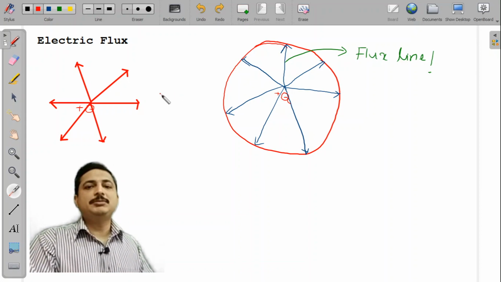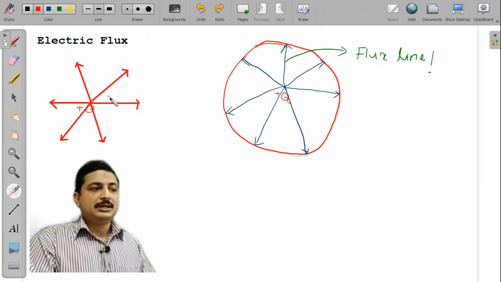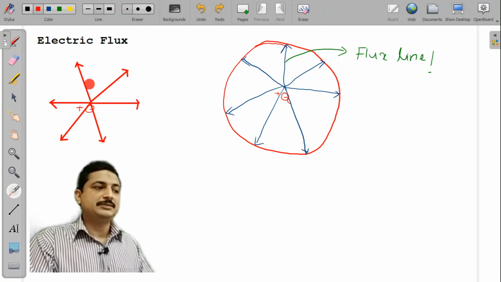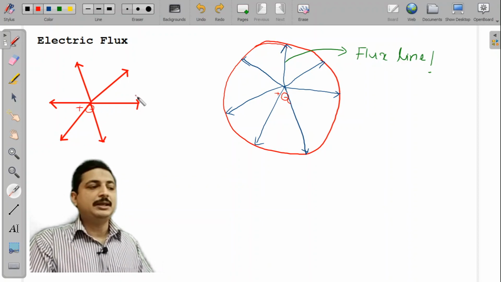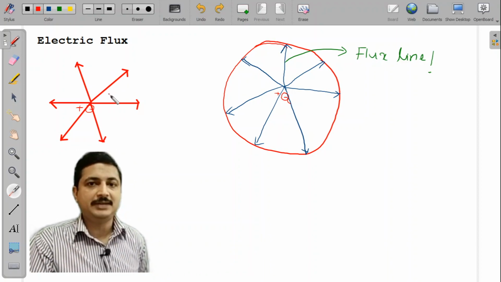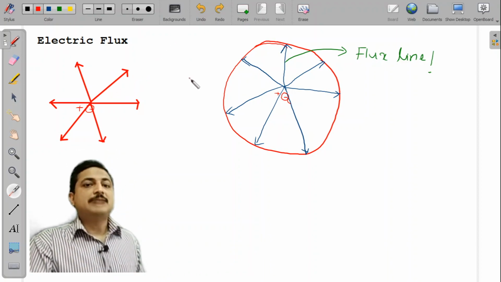That will be a question. Why? You are telling that it does not have any particular direction. These flux lines can travel in any direction, and what is important for me is the value of the flux line, not which direction that flux line is traveling. Okay, I agree. Now tell me why you are telling that.